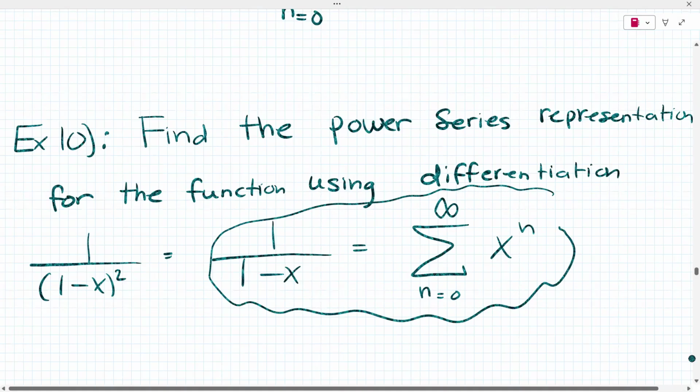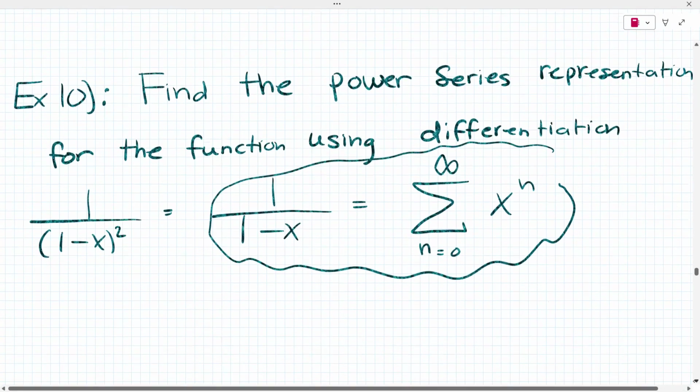So the numerator is fine, it's a monomial, but the bottom is not fine. It has a power 2, right? So what we'll do is use what we know. Let's use the rule, 1 over 1 minus x. What we could do is rewrite that as a negative power, right?